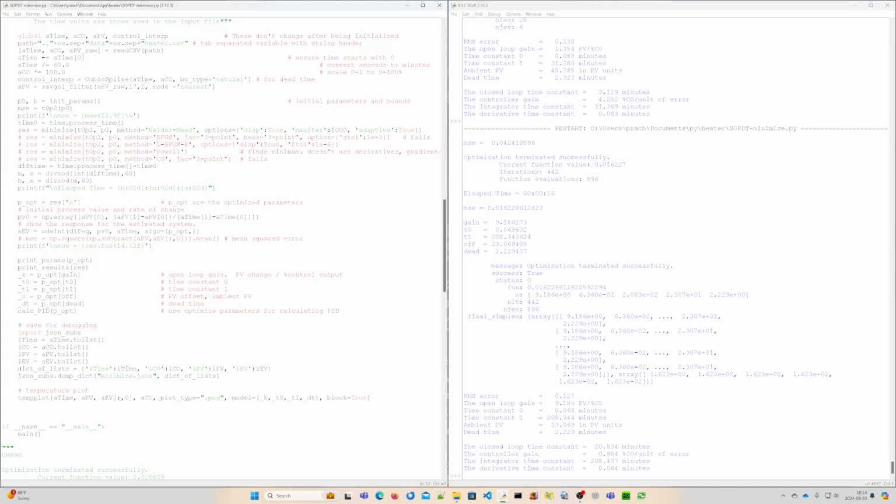No, this one's the Nelder-Mead, and basically the Nelder-Mead is a very simple system. It does not use derivatives. I've got 5 parameters to optimize: the gain, the 2 time constants, the ambient temperature, and a dead time. So that's 5 things. It would start out with 6 points.